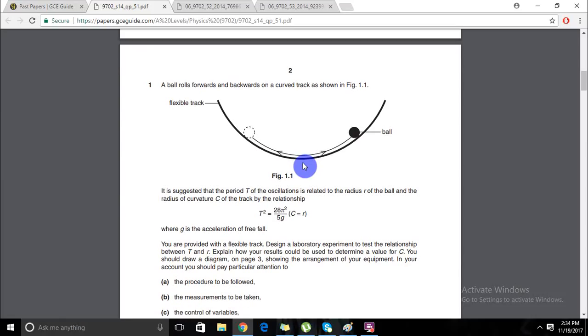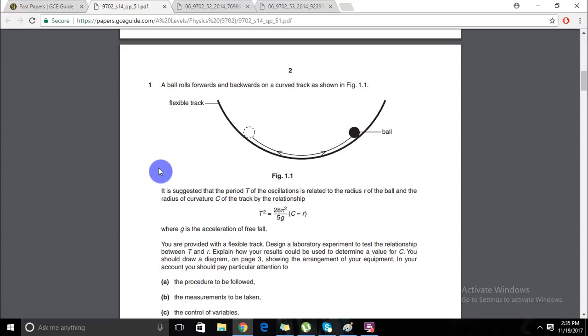And it is suggested that the period T of the oscillations, and what is the period? It is basically the time taken for one complete oscillation. That would be when the ball is here, it goes over there, returns, then goes over there and returns, and the total time for one such complete event would be the time period.